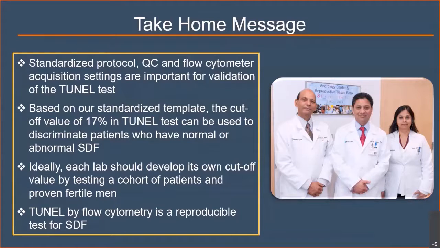Ideally, each lab should develop their own cutoff by testing a cohort of patients and proven fertile men. And this test, when used with flow cytometry as explained, is a very reproducible, robust test for measuring sperm DNA fragmentation using flow cytometry as a tool.